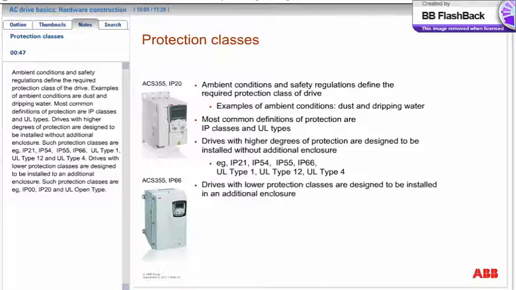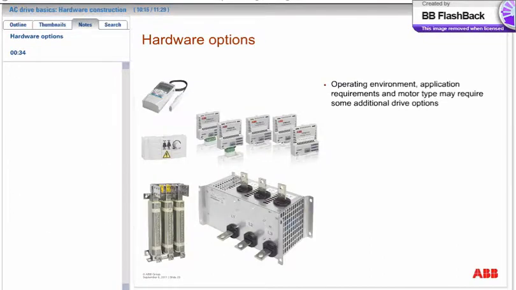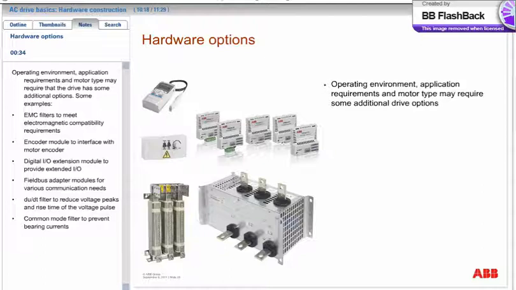Drives with lower protection classes are designed to be installed to an additional enclosure. Such protection classes are, for example, IP00, IP20, and UL Open Type. Operating environment, application requirements, and motor type may require that the drive has some additional options.